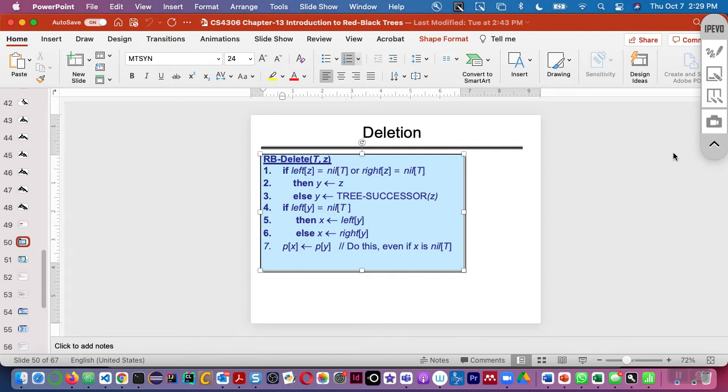Sometimes it's double equal nil, or right child double equal to nil.